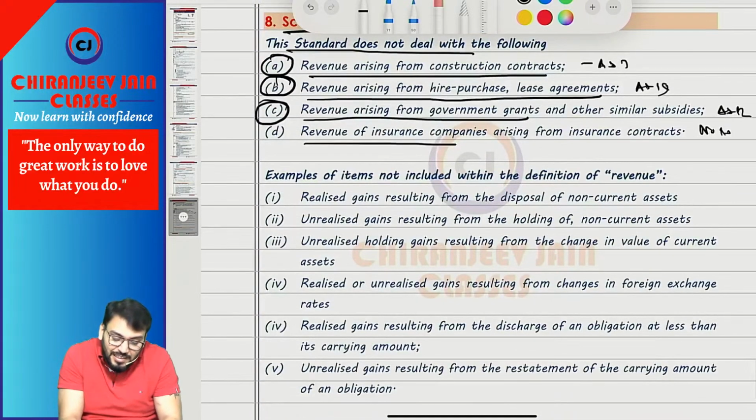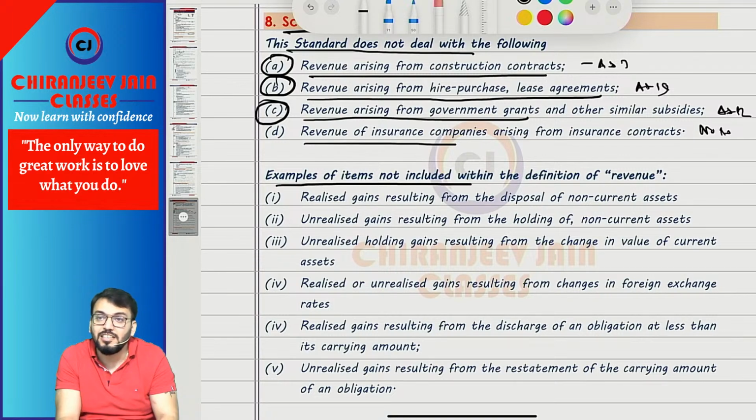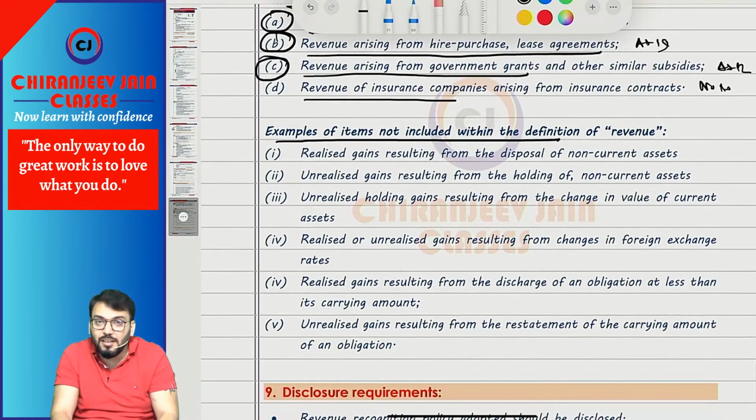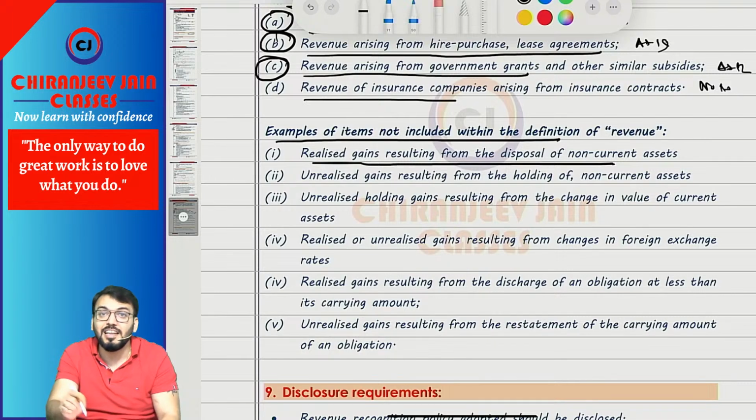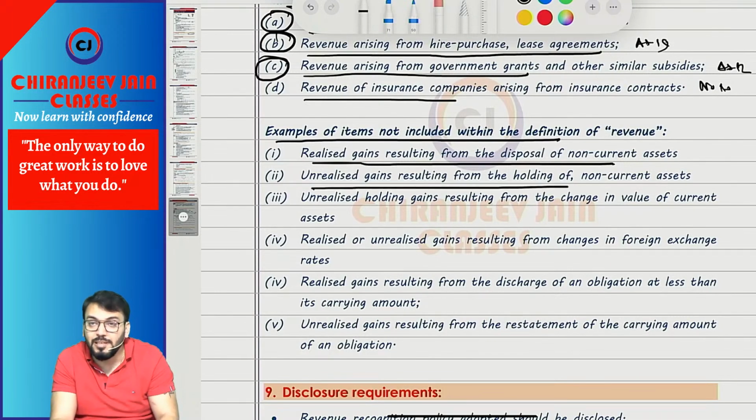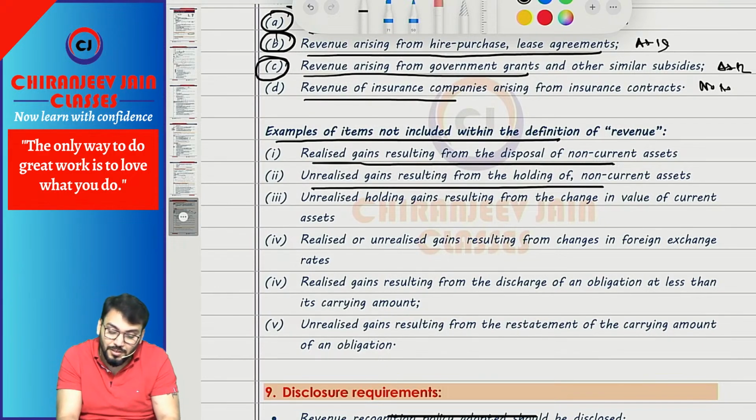Then they have given a clarification: examples of items not included within the definition of revenue. So these are the examples which arise from ordinary activities but are not revenue. For example, realized gain resulting from disposal of PPE. Any unrealized gain resulting from holding of PPE, for example, revaluation gain, is not revenue.